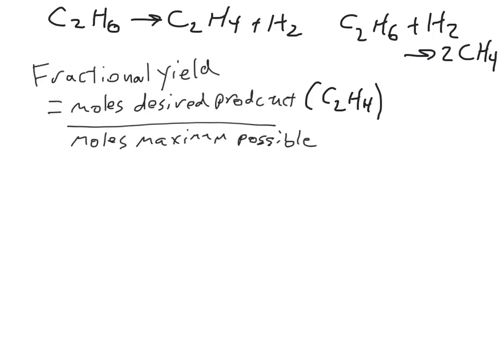To remind you, the maximum moles possible assumes two things. It assumes that all of the C2H6 converts to C2H4, or in other words, 100% conversion. It also assumes that this reaction doesn't take place, so we ignore this reaction right here.